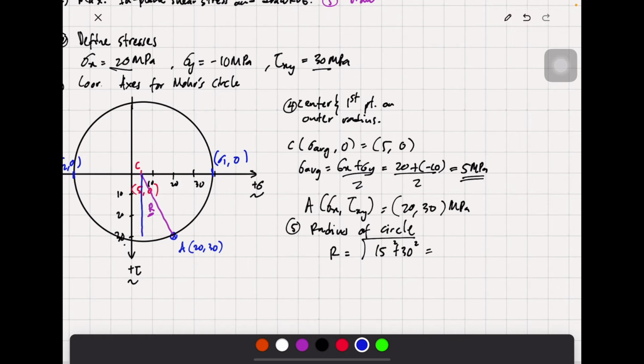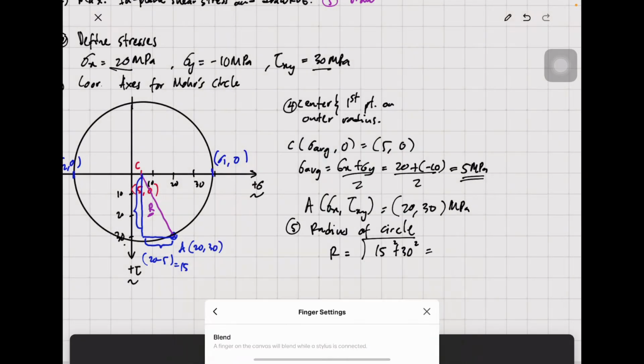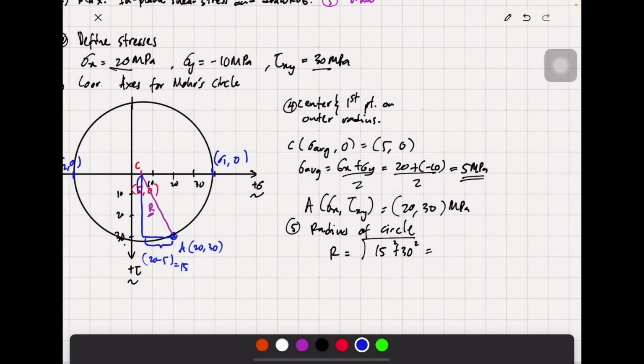This triangle over here is where the 15 is coming from. 15 came from this side over here, which is 20 minus 5. This gives you 15, and 30, of course, is the length of this side over here.